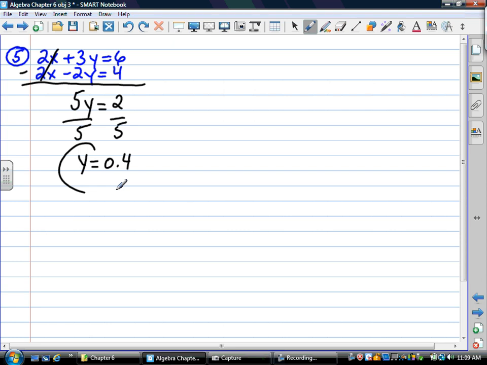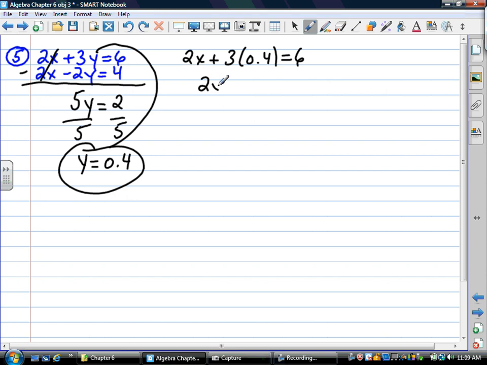I want to replace y in one of these equations. I'll use the first one. We want to find x. 2 times x plus 3 times 4/10 is going to be equal to 6. 2x plus 3 times 4/10 is 1.2. It's going to be equal to 6.